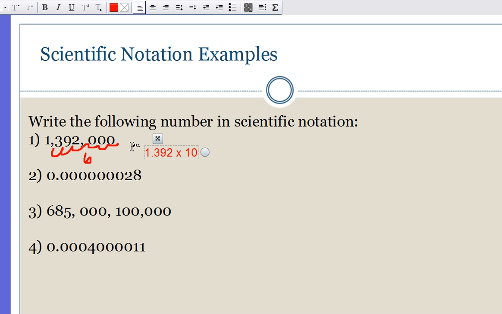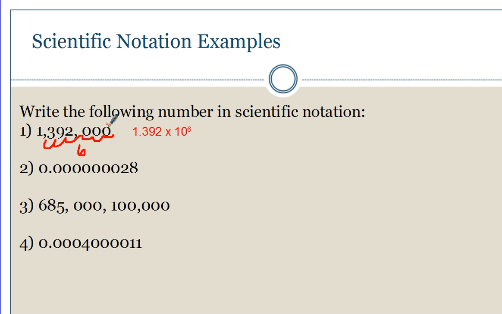So I want these numbers to have the same equal value. So now, since I moved it to the left 6 places, my exponent stays positive, and I simply add a 6. If I move my decimal to the left, I get a positive exponent. My exponent stays positive.